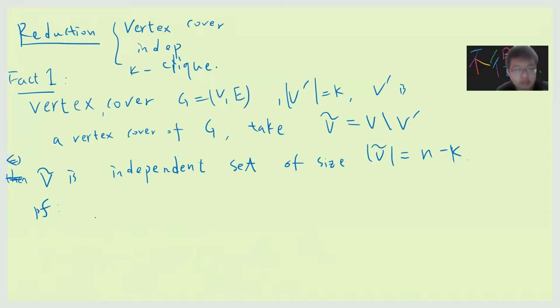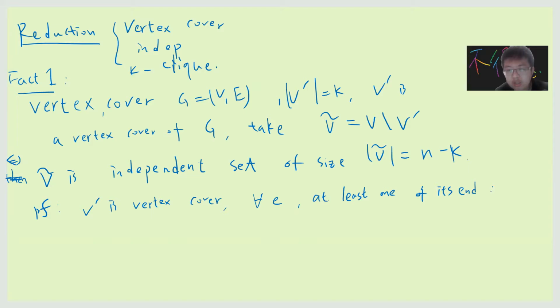V prime is a vertex cover, which means that for every edge, at least one of its ends belongs to V prime. This is the same as doing the logic.